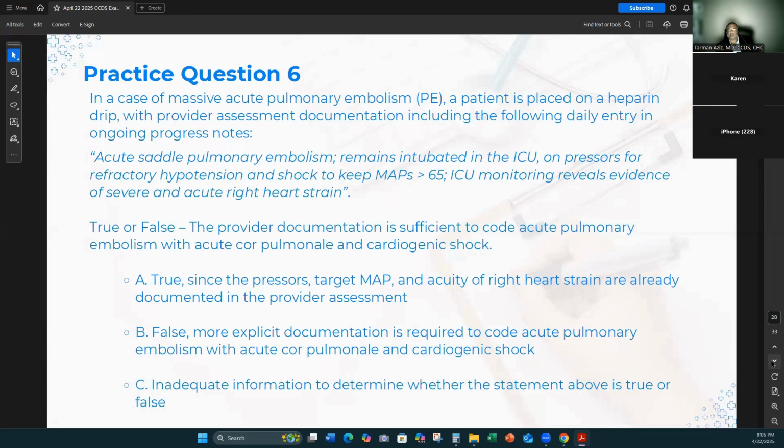True, false, or inadequate info to decide based on that nice long provider documentation. What do you think for this one? True, false, or can't determine if there's acute cor pulmonale and cardiogenic shock based on this documentation.